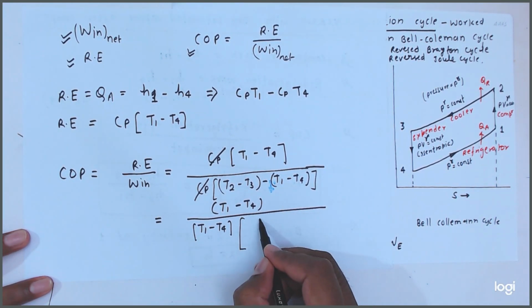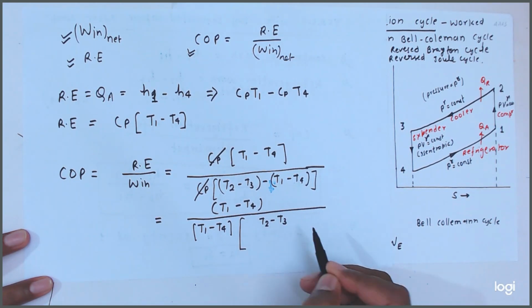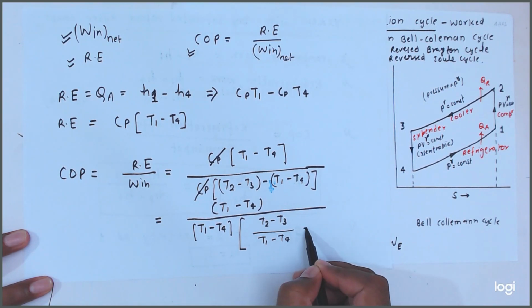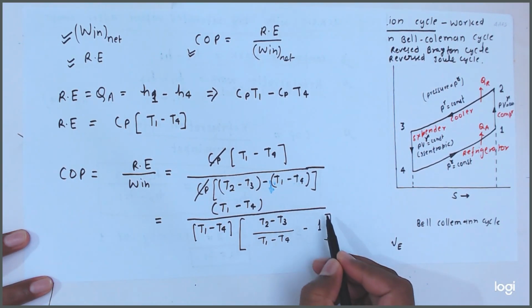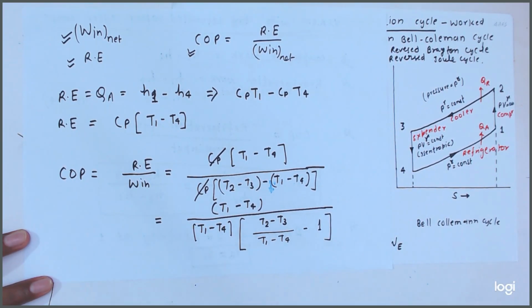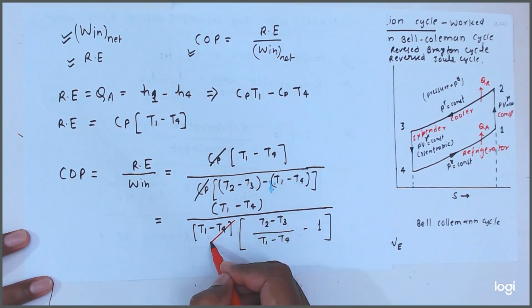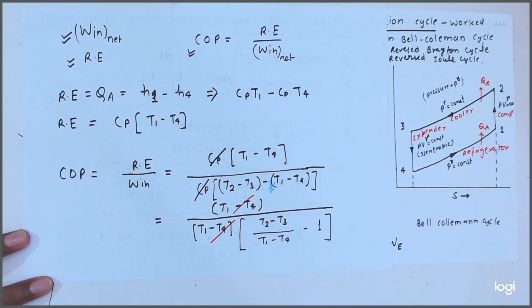So what is left? T2 minus T3 divided by T1 minus T4, minus 1. Here you see T1 minus T4 and T1 minus T4 will get cancelled out.